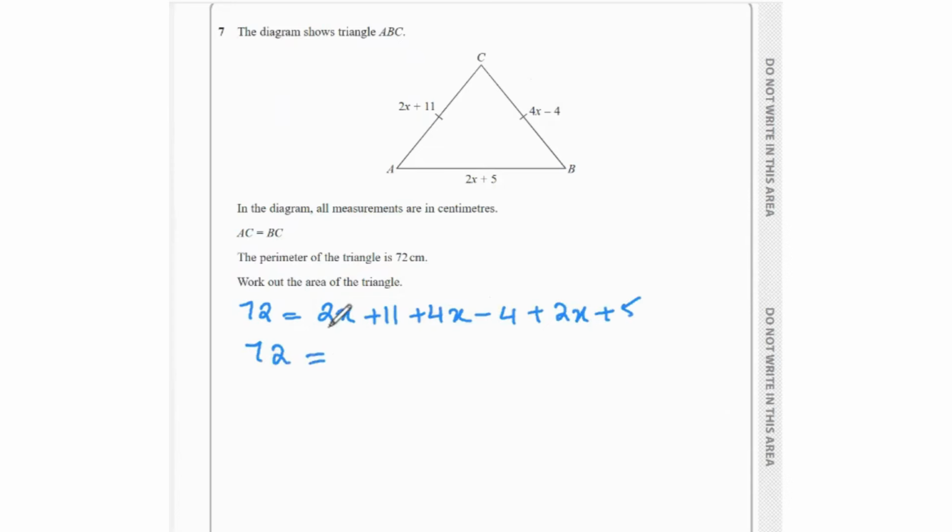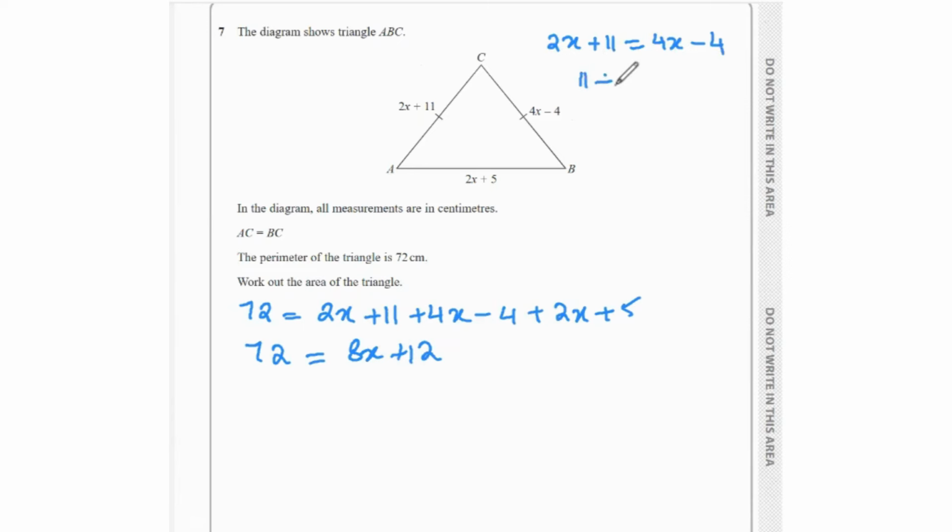Collect the terms: 2x plus 4x is 6x, plus 2x is 8x. 11 minus 4 is 7, 7 plus 5 is 12. An alternative method is that since AC is equal to CB, we can also put these two equal to each other, and that should also give us the same value of x.